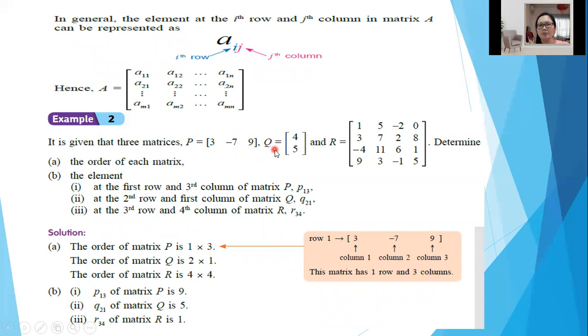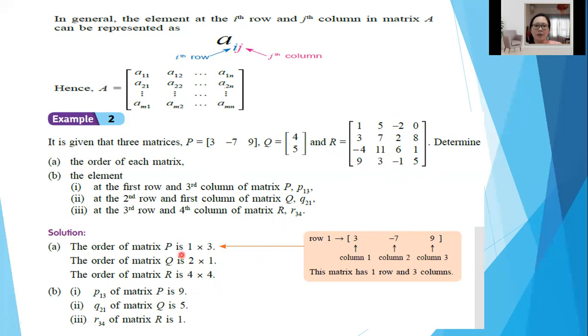Q, 1 row, 2 rows, 1 column. So it is 2 by 1. R, 1, 2, 3, 4 rows. 1, 2, 3, 4 columns. So the order of matrix R is 4 by 4.